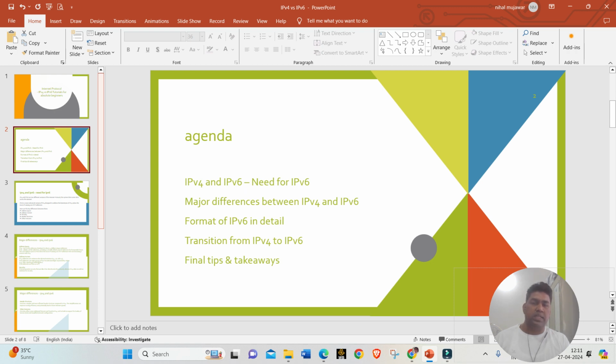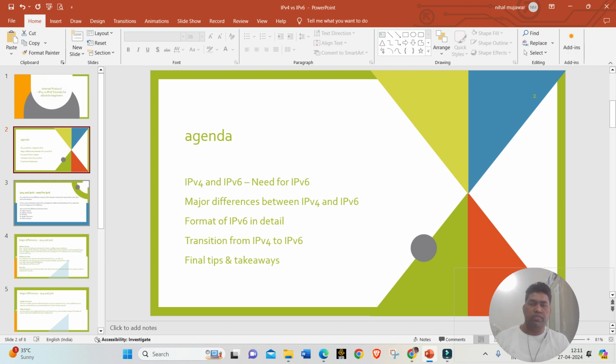Then we will discuss the major differences between IPv4 and IPv6. After this, we will understand the format of IPv6 in detail, and then we will see how we transition from the existing IPv4 to IPv6. That will be the agenda of today's session.